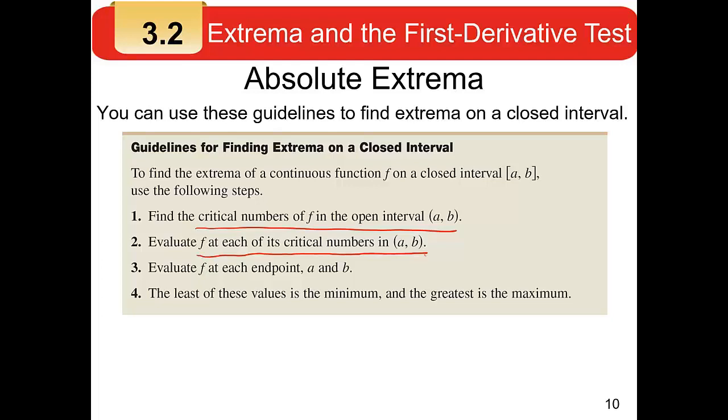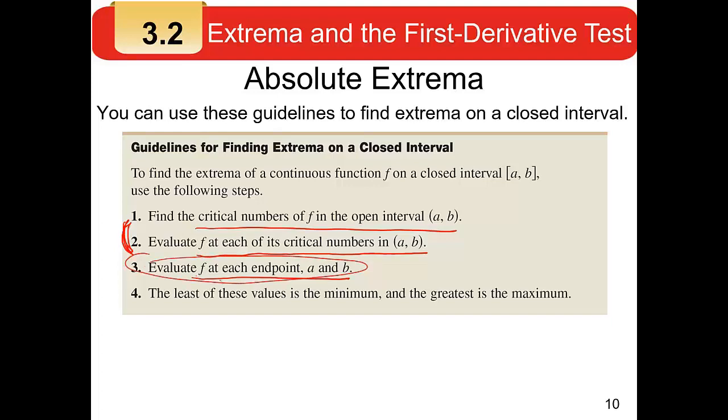And then you want to evaluate the function at the endpoints, because like I said, the endpoints could be the highest or lowest points. So not only do you find the relative extrema, you also have to check those endpoints as well.